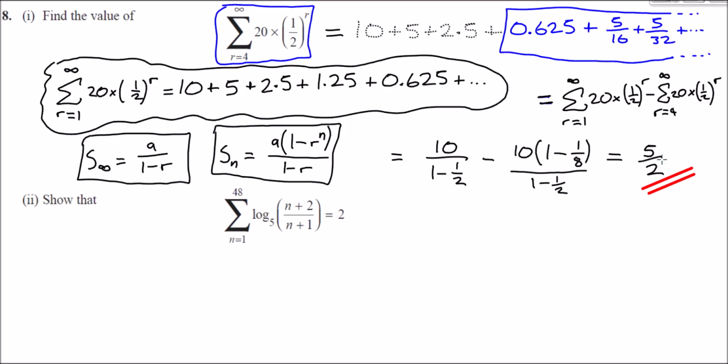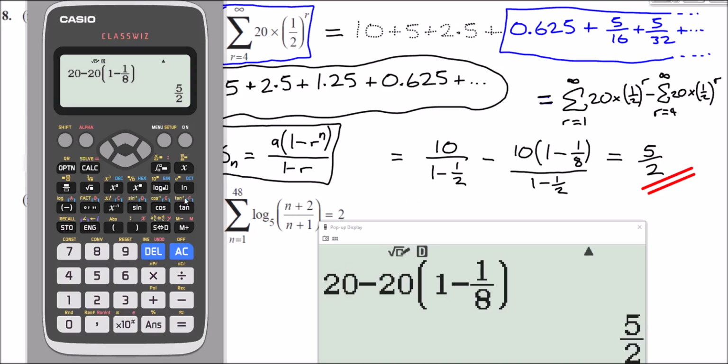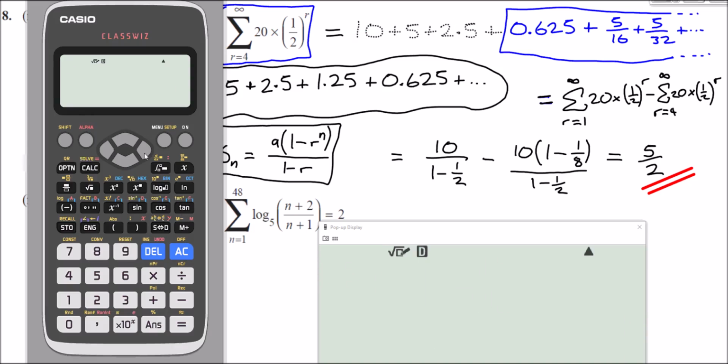I'll also show you another way you could have used the calculator to do this. So by writing out the first few terms and seeing that the first 3, if you started from 1 instead of 4, would have summed to 17.5, there's actually on most calculators a summation function. So on this version of ClassWiz, it's this one here. So if I were to type in 20 multiplied by, this is in terms of x, not in terms of r, but it's the same idea.